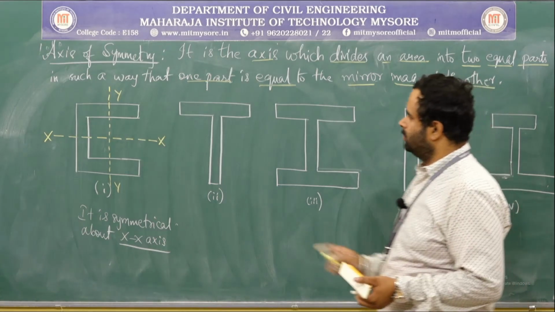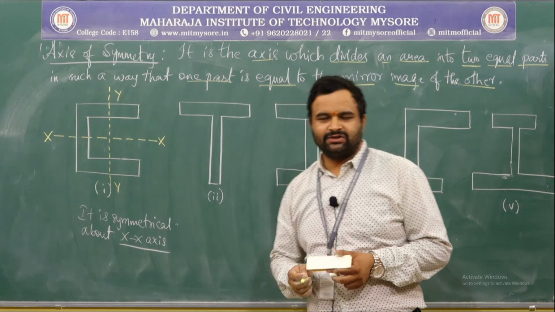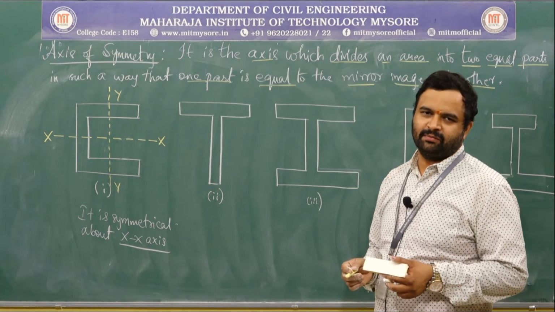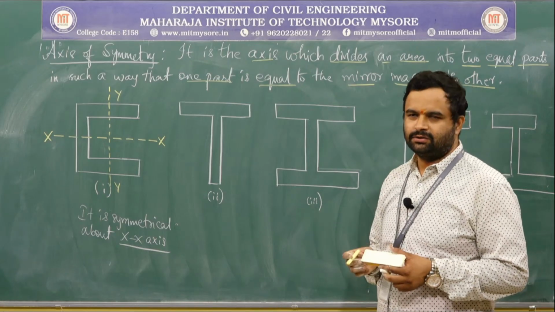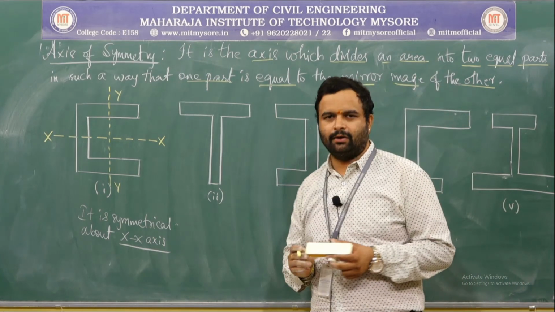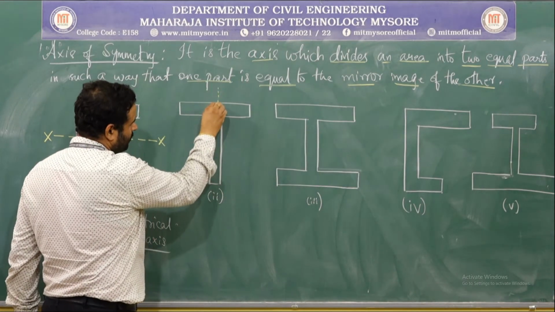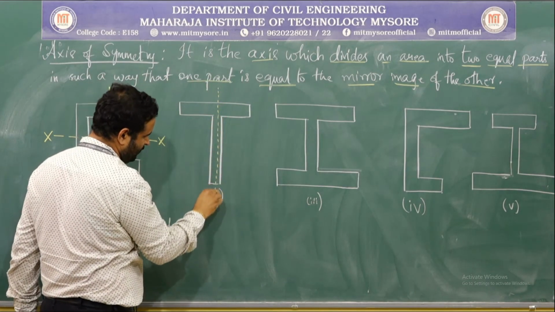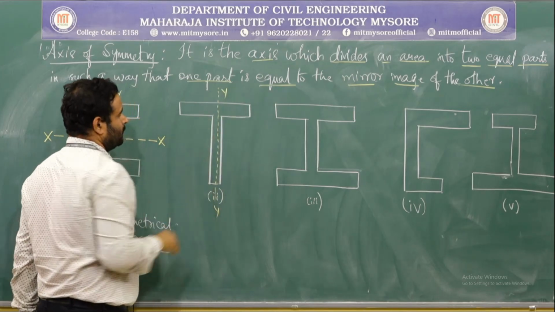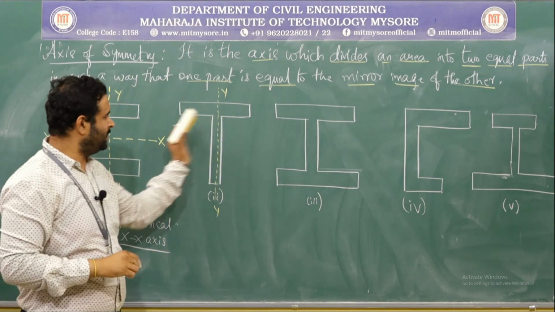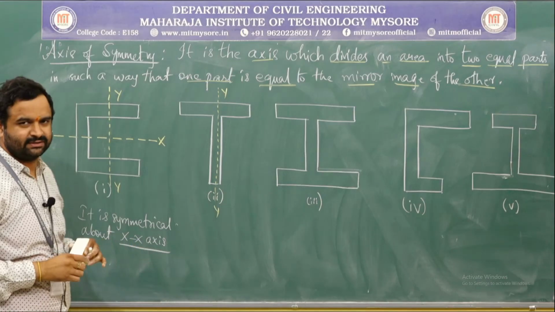Coming to the second figure. Now, you just need to draw a line so that you get a mirror image of the other. So, where can you cut that line or an axis? So, here if you cut it along the axis y, we get a mirror image on both the sides.